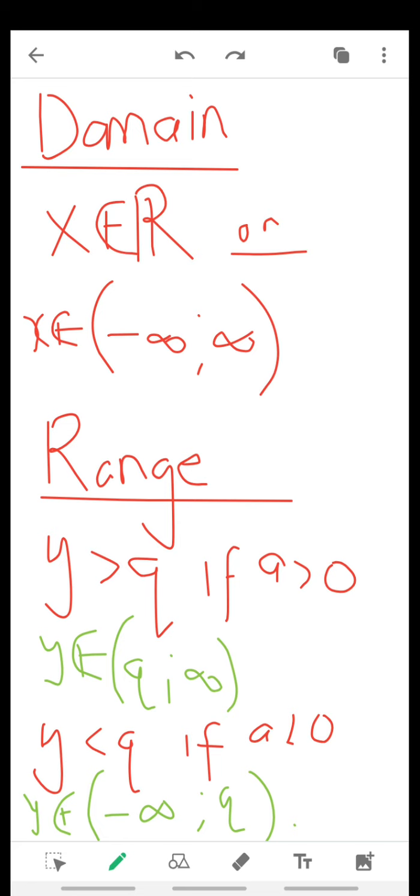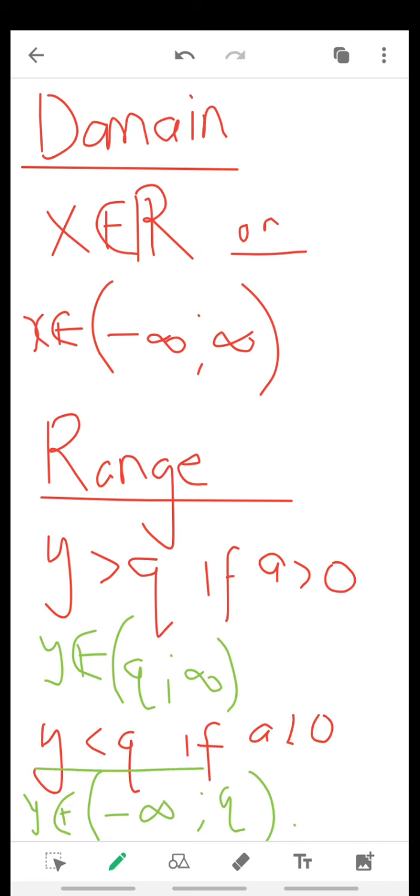But remember, the horizontal asymptote cannot be included because at the horizontal asymptote the graph is undefined, okay? So we say y is greater than the horizontal asymptote, meaning all values of y that are bigger than the asymptote, not including the asymptote, okay? Then, if you don't like this way of writing, you can just say y is an element of from q up to positive large y value, which is positive infinity.